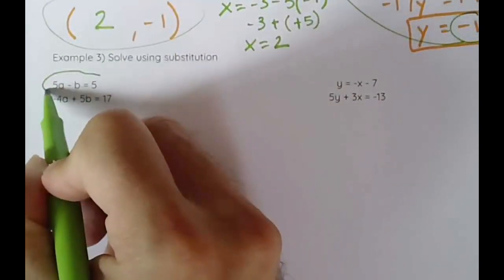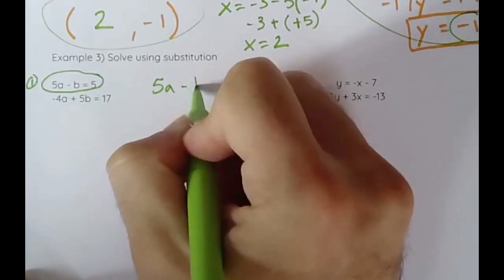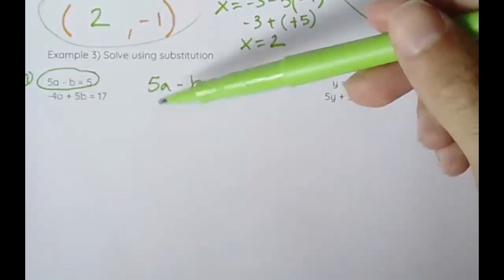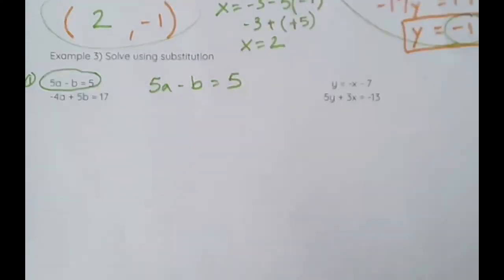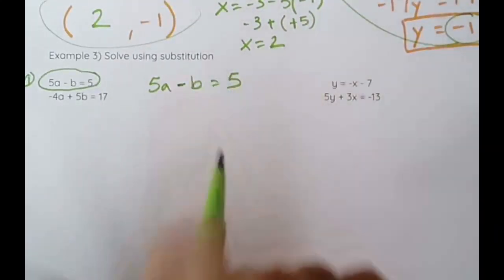I have 5a minus b equals 5. What I could do here, I could subtract the 5a over to the other side. Then I have a negative b divided by negative, but I'm going to try to avoid the negative work if I can. So what I'm actually going to do is, and it's nice to do when I have a minus a variable, I'm going to actually add the b.